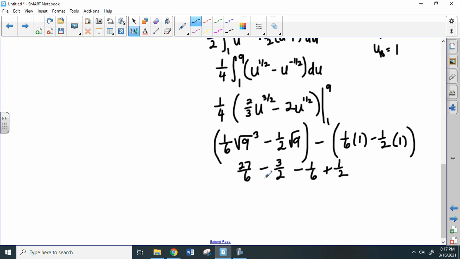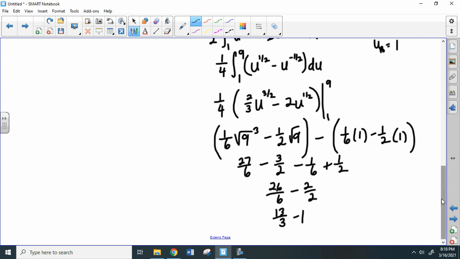All right, well, actually, I can put my pieces that have a common denominator together already. 26 over 6 reduces to 13 over 3 minus 1, which is 3 over 3. So put it all together, I should get 10 thirds. Okay. All right, so it just takes a little bit of practice.